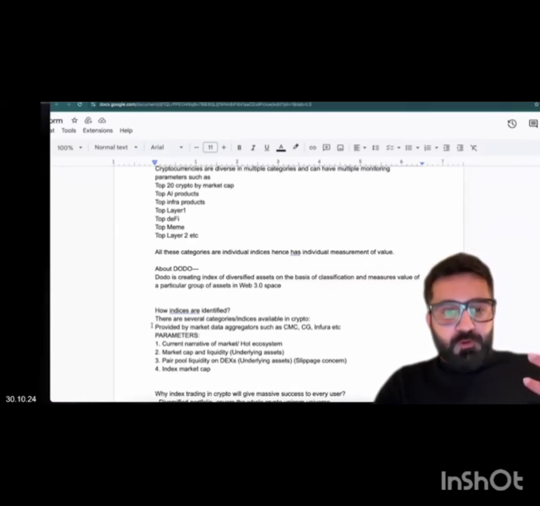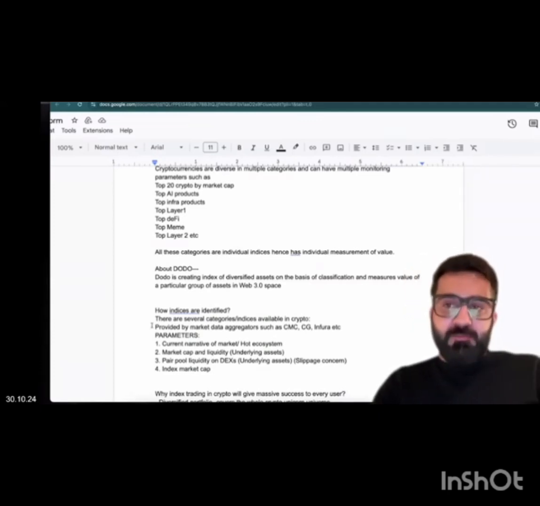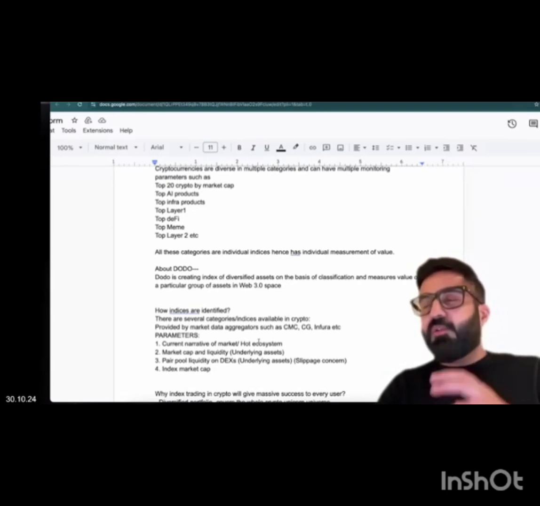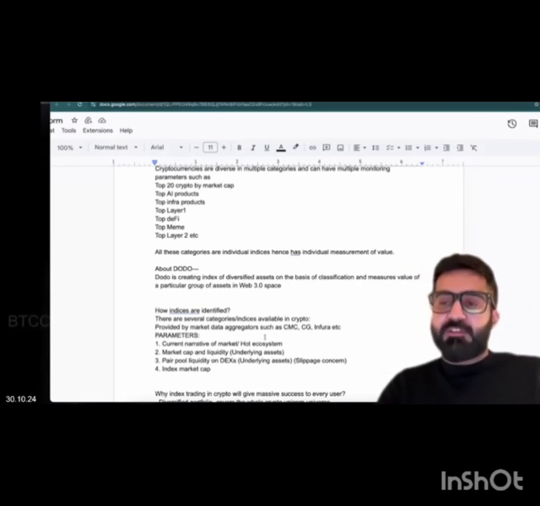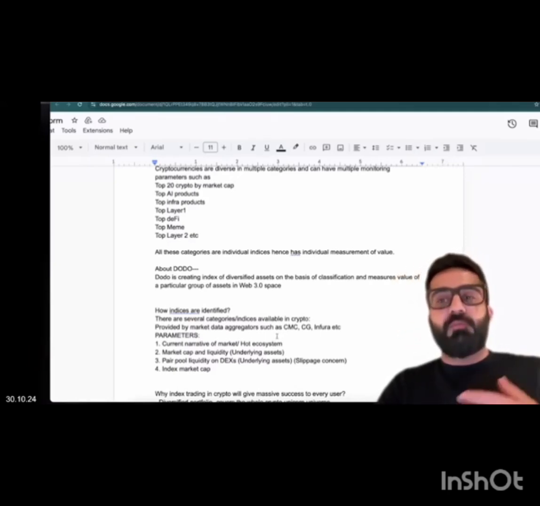The market data is provided by aggregators such as CoinMarketCap, which I showed you. CoinMarketCap is an old aggregator which has all the information of the whole decentralized finance. Then CoinGecko, Infura are similar platforms which give more or less the information of the whole market under one roof.